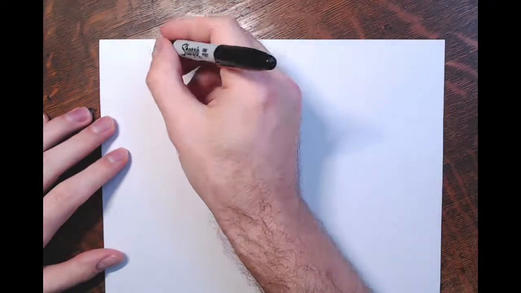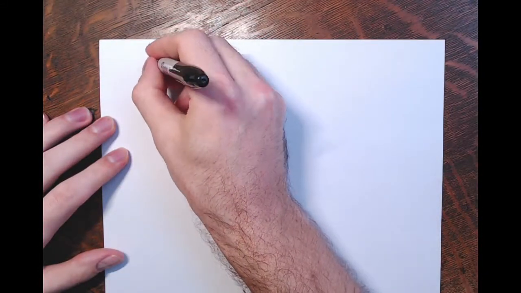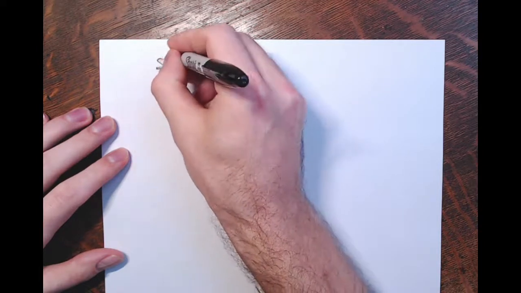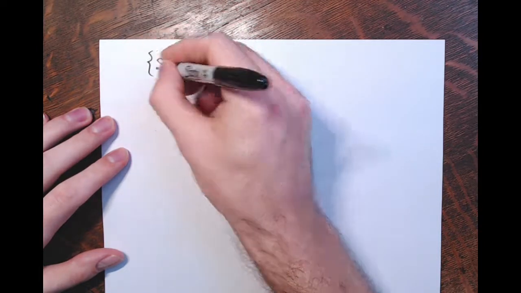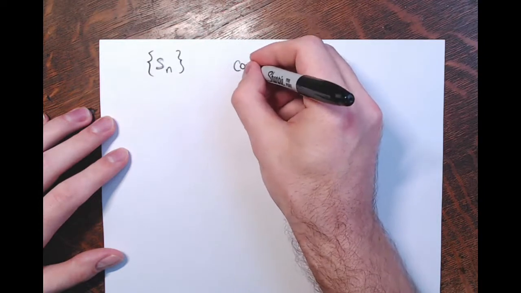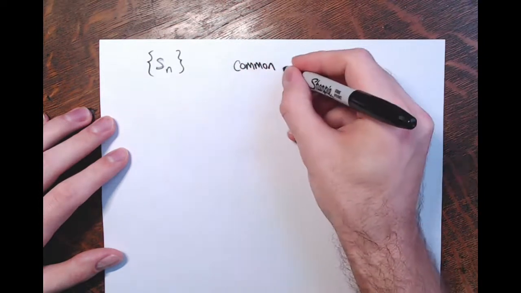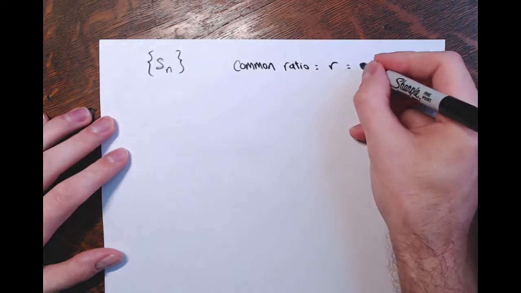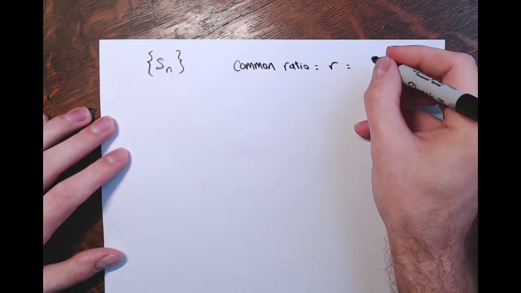All right, so we're told that we have this sequence s sub n. We're told it has a common ratio, which is that lowercase r, common ratio of 5.